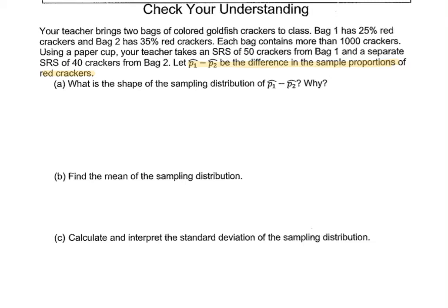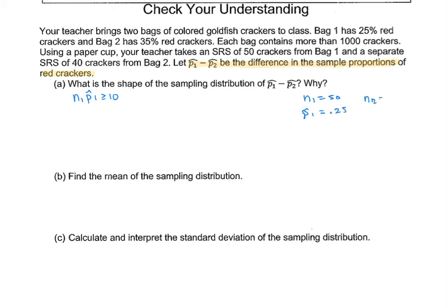What is the shape of the sampling distribution of p hat 1 minus p hat 2, and why? Well, we know that the shape is always going to be approximately normal as long as the normal condition is met. So let's check if the normal condition is met. n1 p hat 1 greater than or equal to 10, let's check that. n1 is 50. So p hat 1, how many were red? 25% were red, so we'll just say p hat is 0.25.